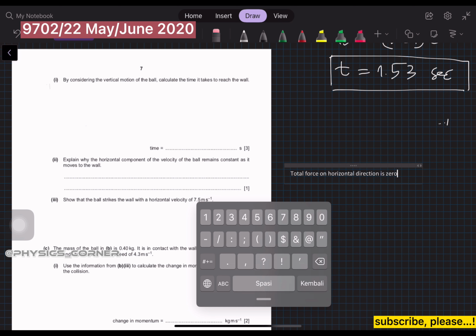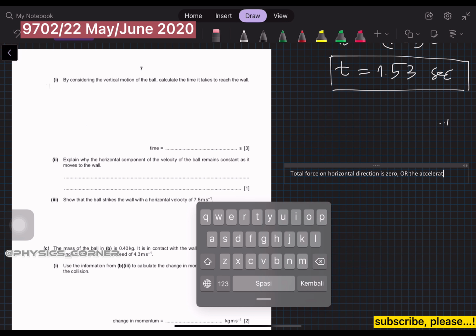Because they don't have any force, the acceleration is 0. So since the acceleration is 0, the velocity is constant. That's it.